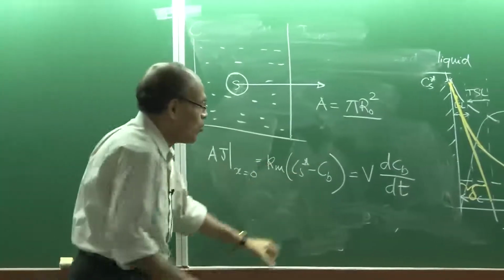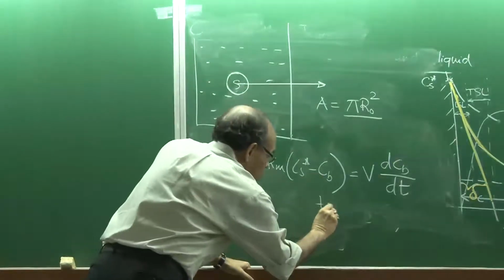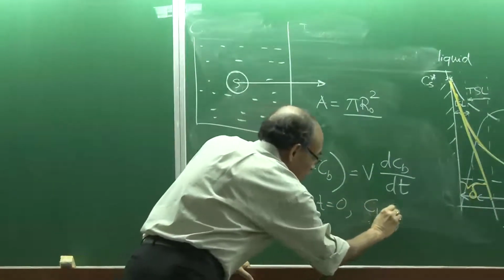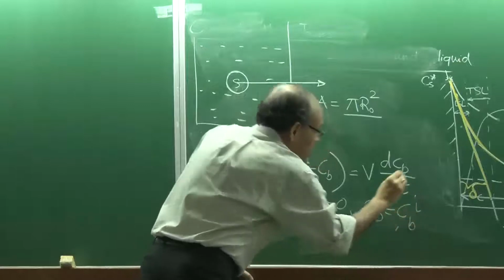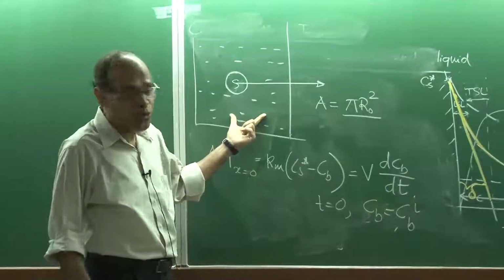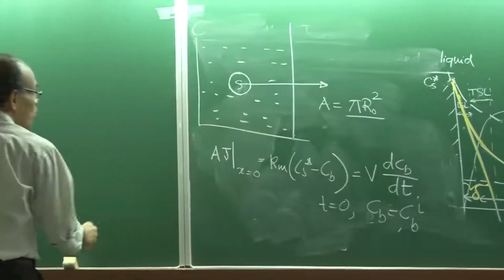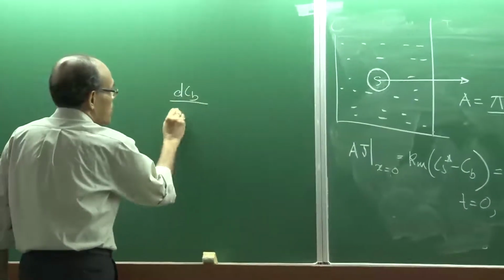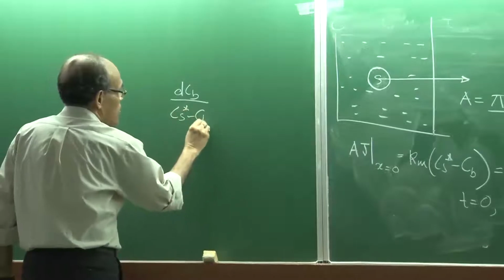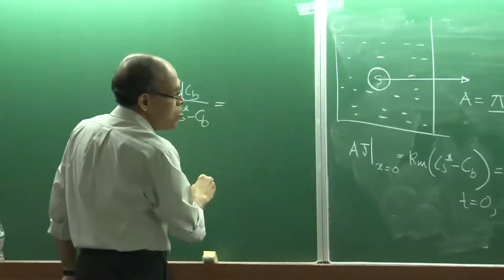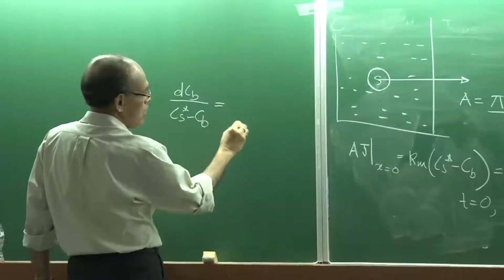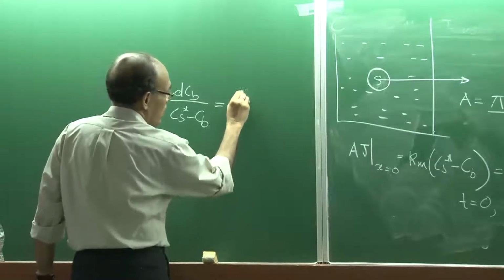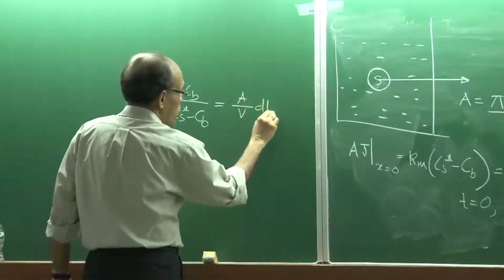This will require one condition, and you know that at t equal to 0, you have Cb equal to Cbi, the initial concentration, which could be 0 also. So if you look at this equation, we have this integral of dCb over Cs star minus Cb equal to A by V into dt.